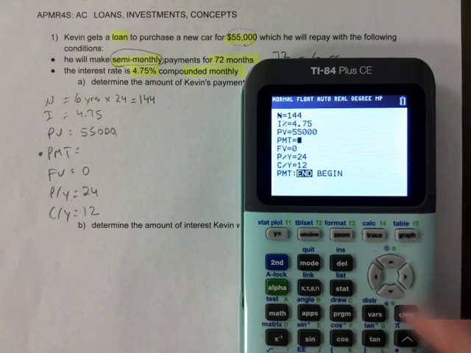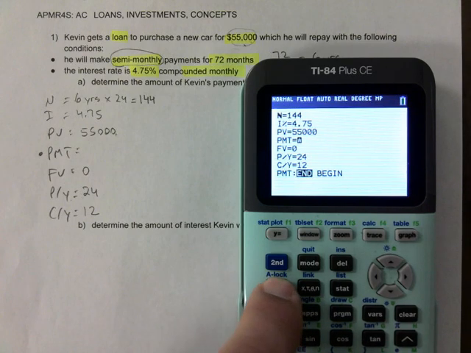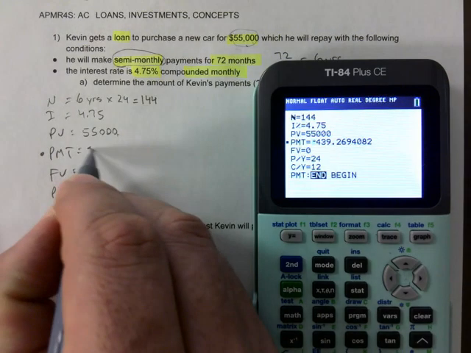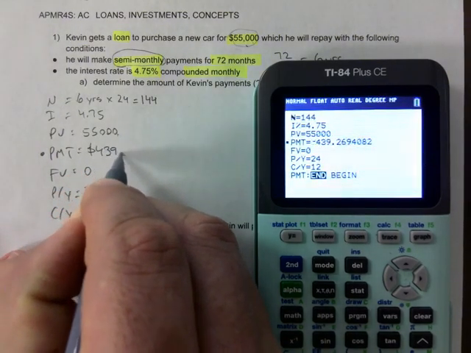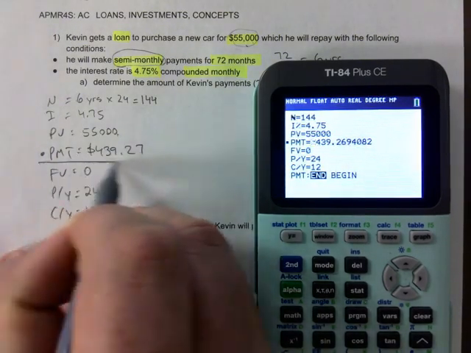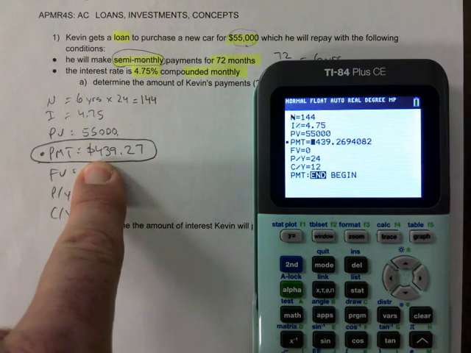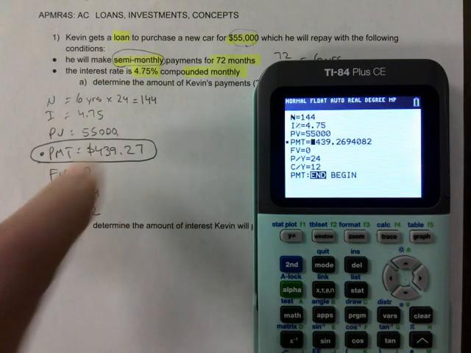So you got to watch out for that. Alpha solve, and so it's 439.27. You do not need to have the sign on it. The sign is just for you to know which way the cash is flowing. This should be negative because you're giving this to the bank on a semi-monthly basis, okay?